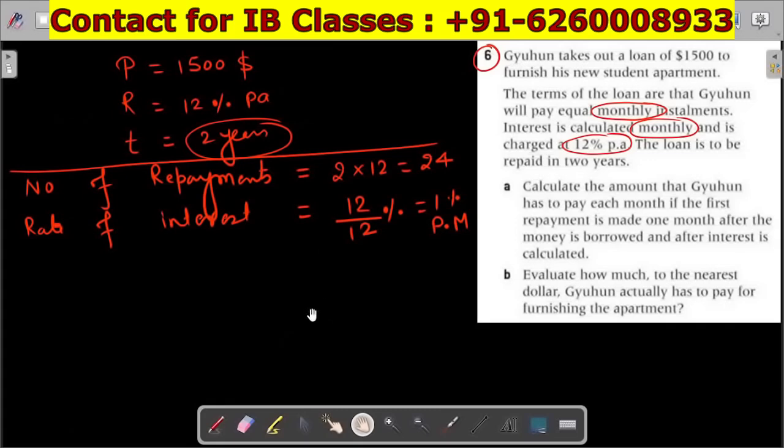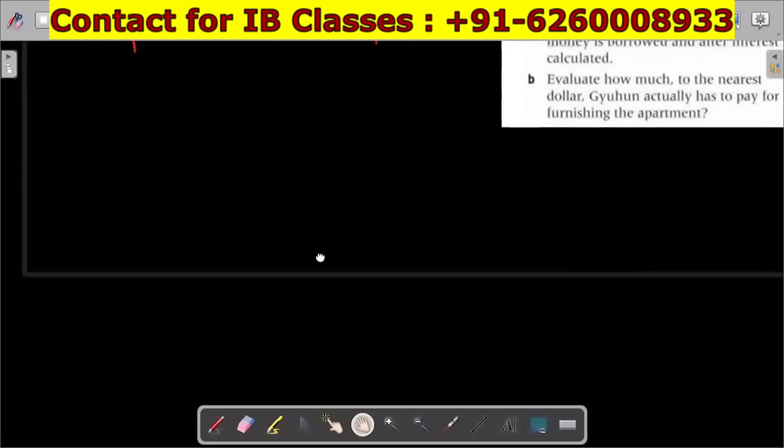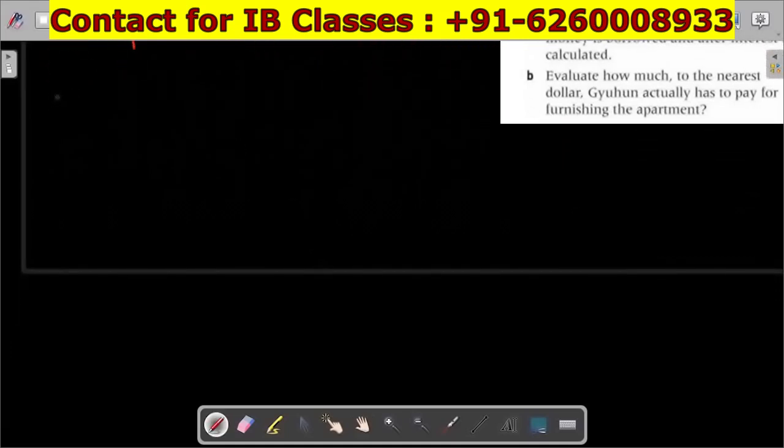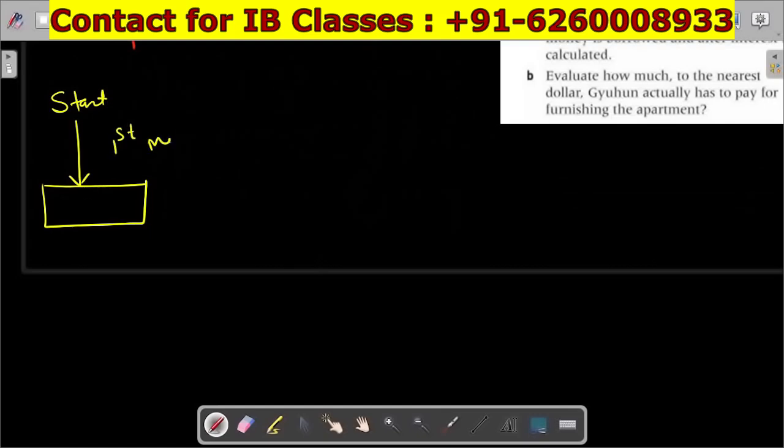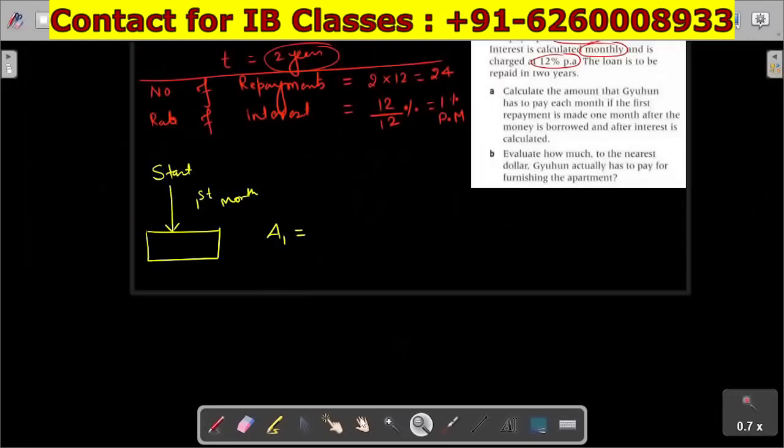Now what will happen? I have to pay monthly. You have taken a loan, so after the first month, how much will I have as a due amount? What will be A1?